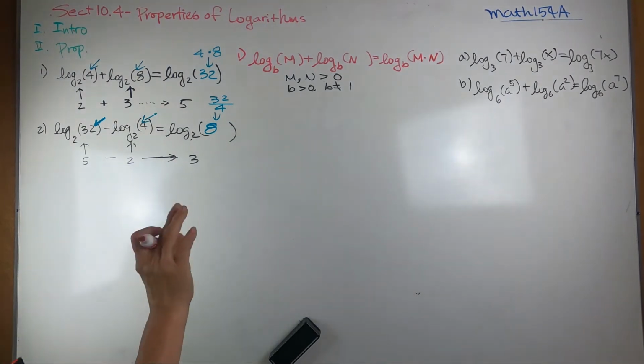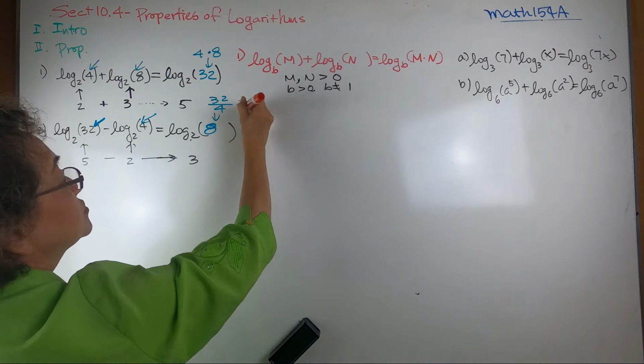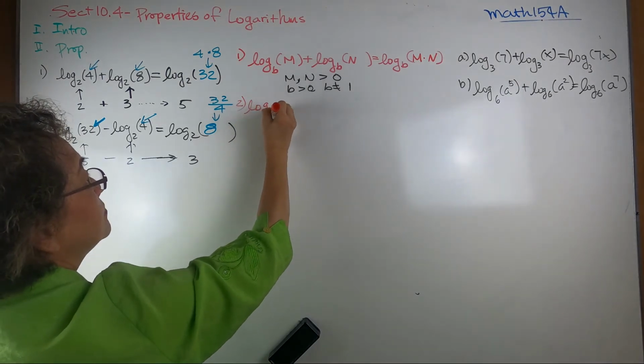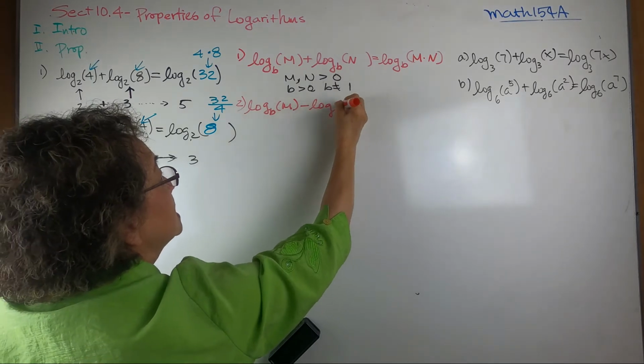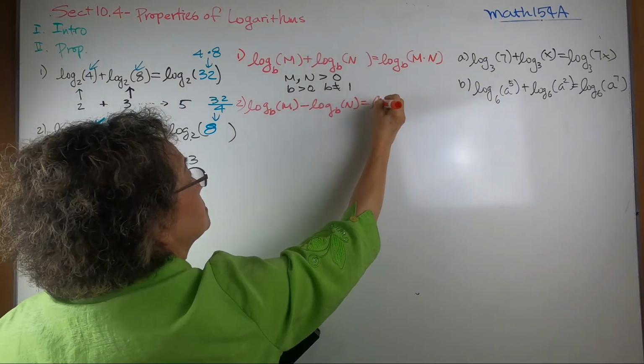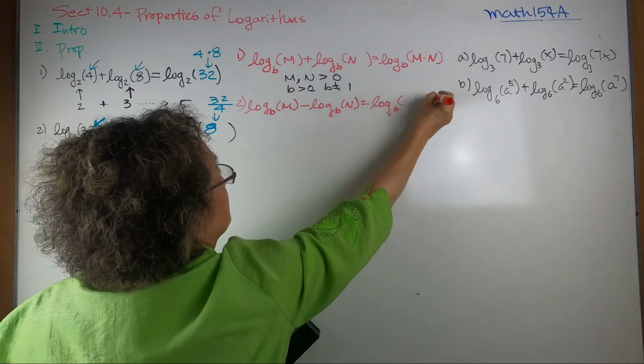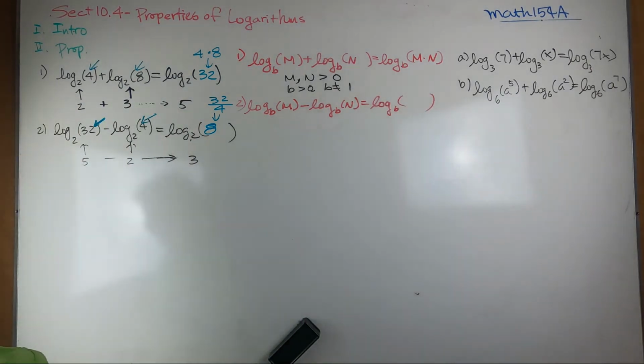So let's look at the second property for subtraction. Log base b of m minus log base b of n. With the same base, what do you need to do inside?